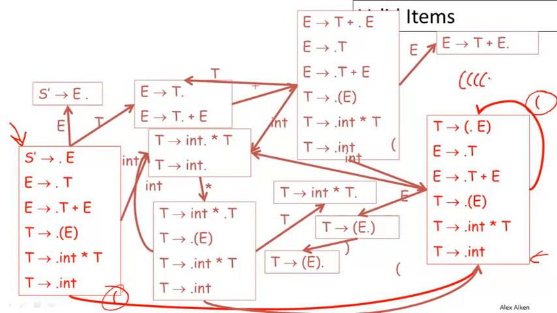So if I have a sequence of 5 open parens as my input, then I'll have transitions 1, 2, 3, 4, 5, all looping in this state, and notice that this item is one of the items in that state, and that just says that this item is valid for any prefix, any sequence of open parens.